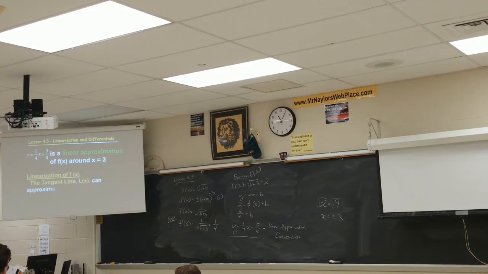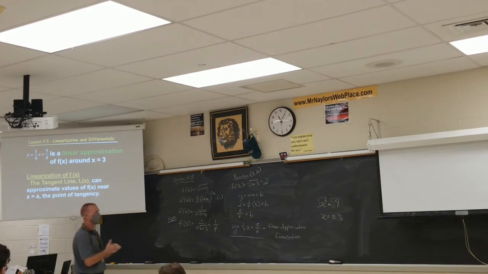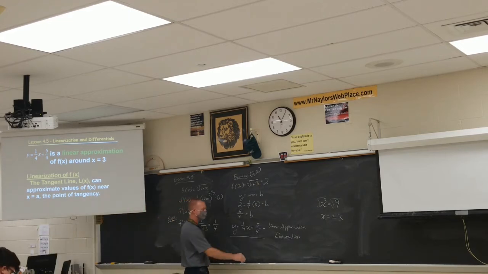Now, to put the definition down, the textbook answer, but it's still important. A linearization is a tangent line. In fact, I actually forgot, but it's easy to fix. We give it a new name. We call it L of x.